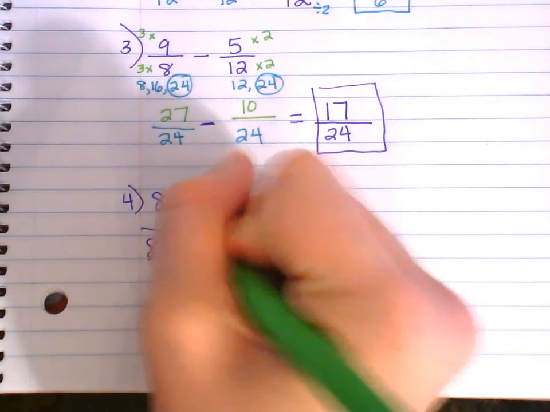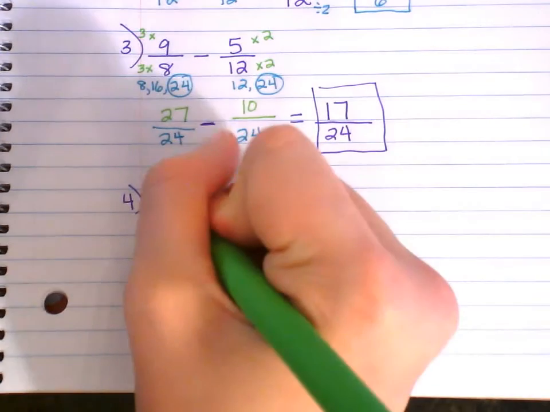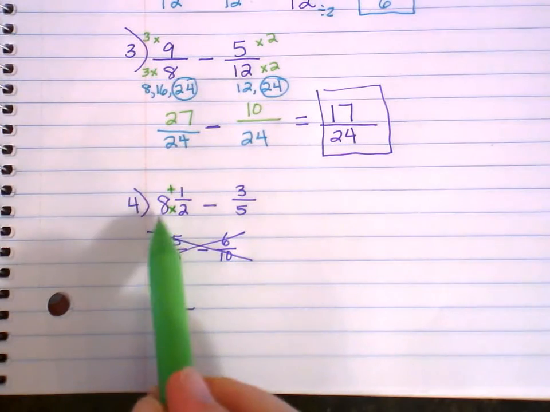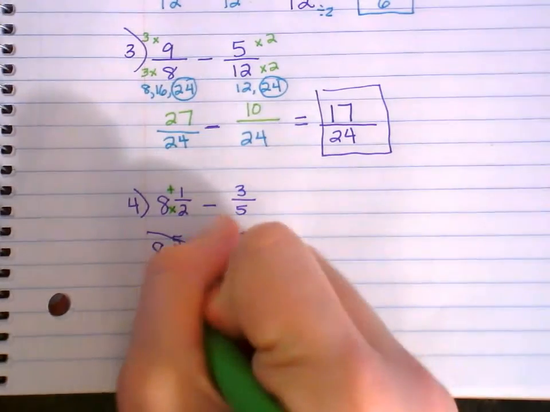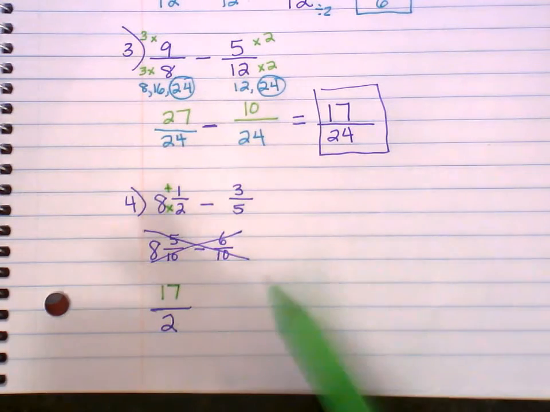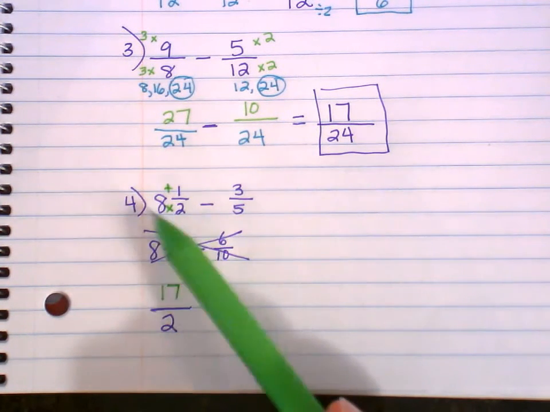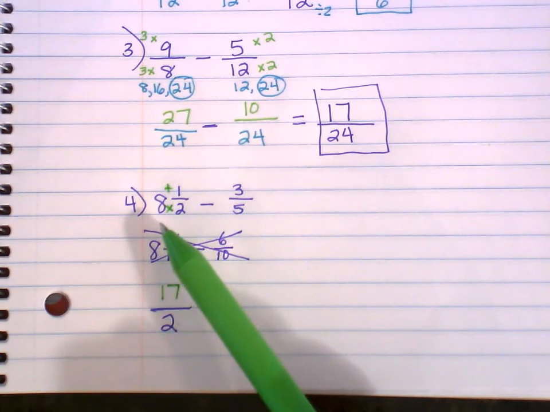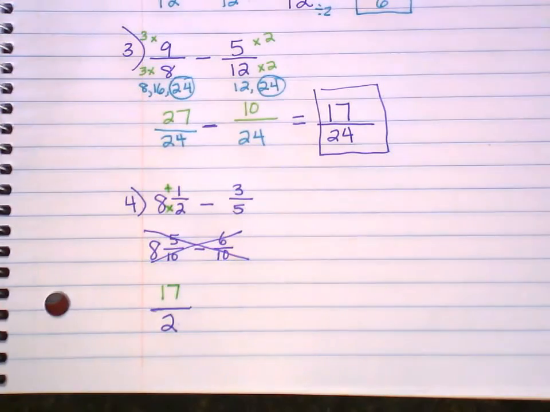Now, 2 times 8 is 16, plus 1 more, 17. So 17 over 2 is the same as 8.5. And you can check it. How many times does 2 go into 17? 8 whole times, and that's 16, with 1 left over, 1/2 left over.